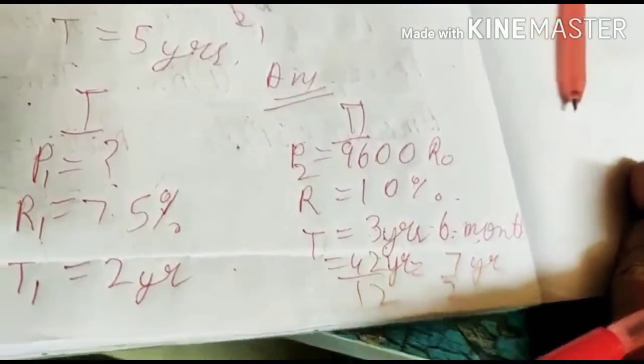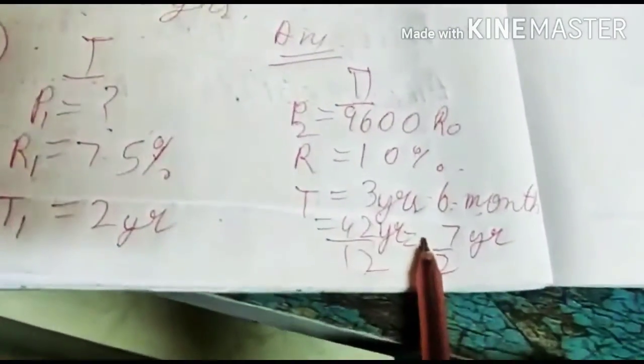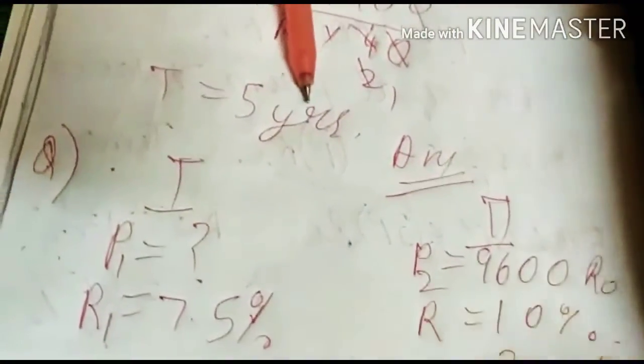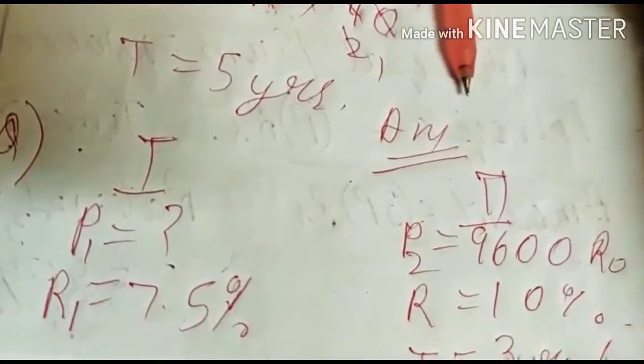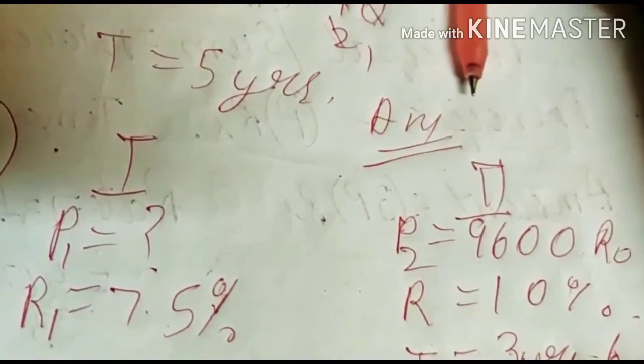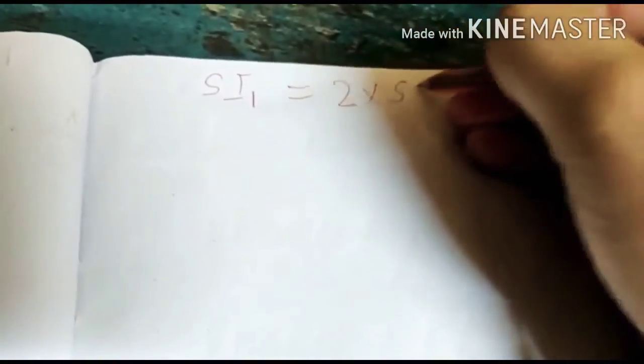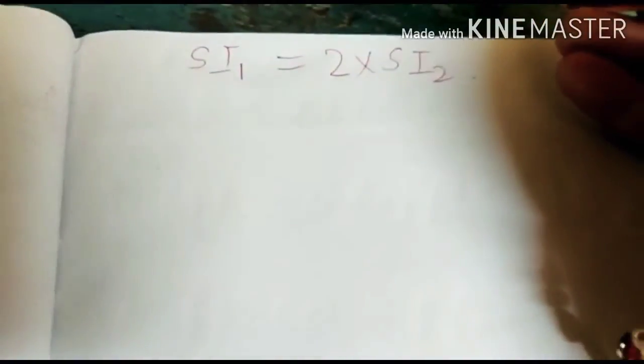Okay. The question says that the simple interest yielded on the first system is double that of the simple interest yielded in this system. So SI1 is double the SI of 2.